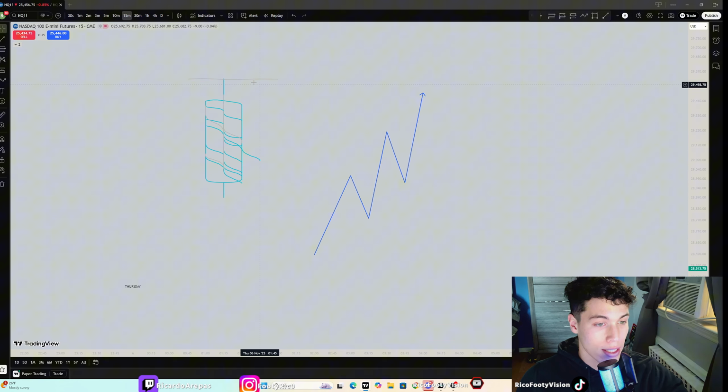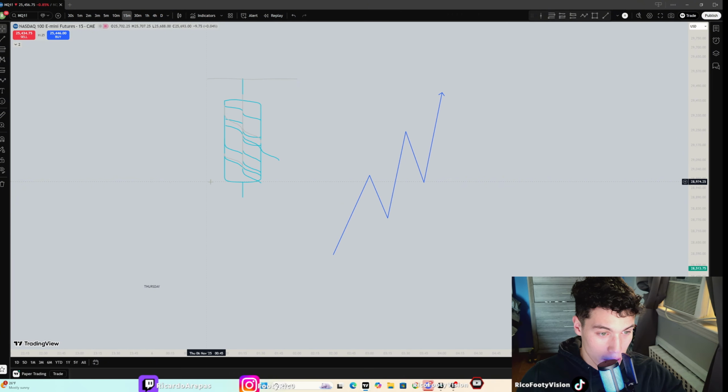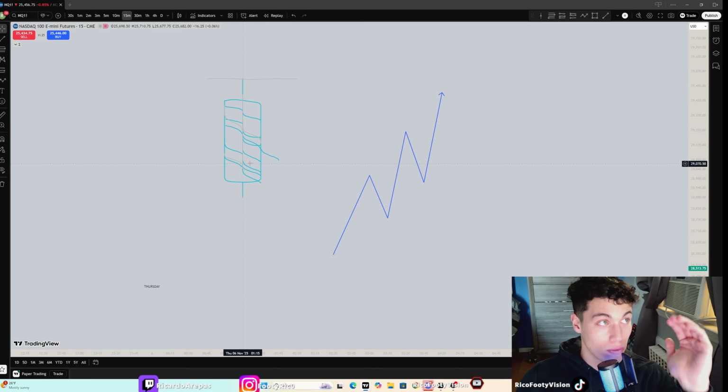For this example right here, let's say it's a bullish candle. Price opened here, right, at this bottom point of the body. This is called the body of a candle. All this is really important for future steps.